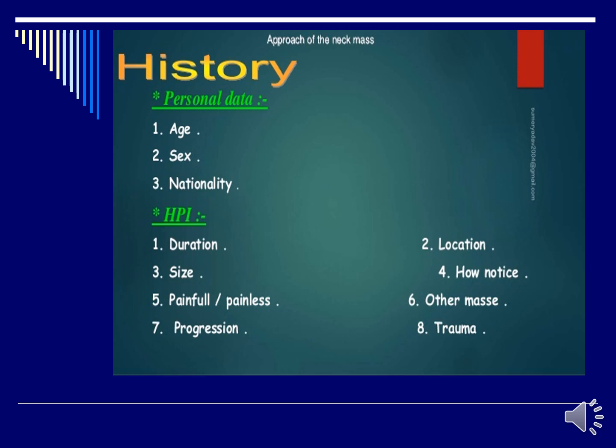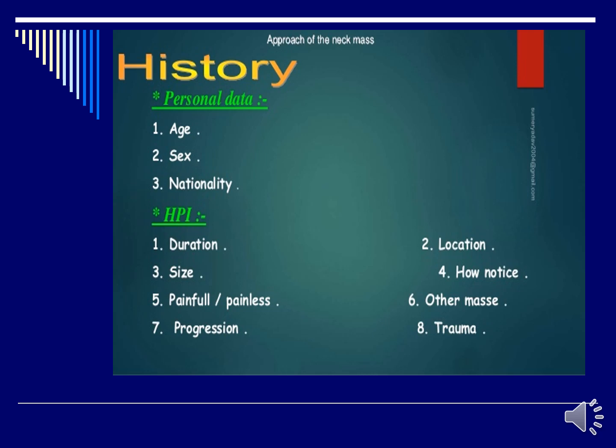Similarly, a tumor or mass within the larynx with cervical lymphadenopathy or cervical metastasis. So we have to know the other masses and connect them with the original one to reach the diagnosis.